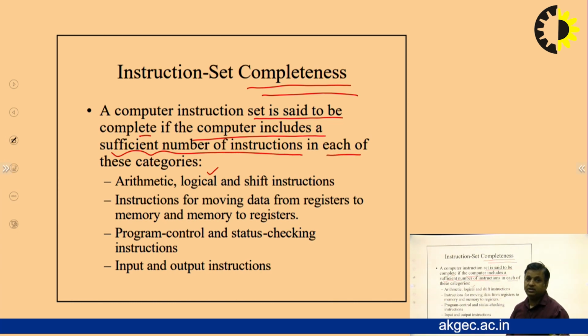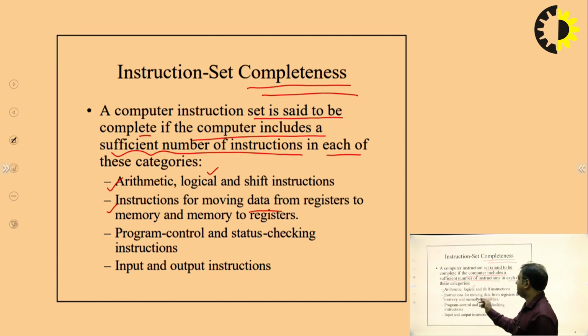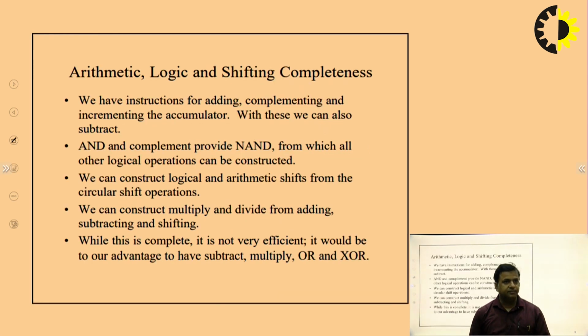Sufficient number of instructions means there should be a minimum set of instructions which can perform all other operations, right. For example, in the category of arithmetic, logical and shift instructions, for moving data from register to memory and memory to register, we should have a sufficient number of instructions. We should have program control and status checking instructions, and we should have input and output type of instructions. So if we have a sufficient number of instructions which can perform all these types of operations, then we will say that my instruction set is complete.